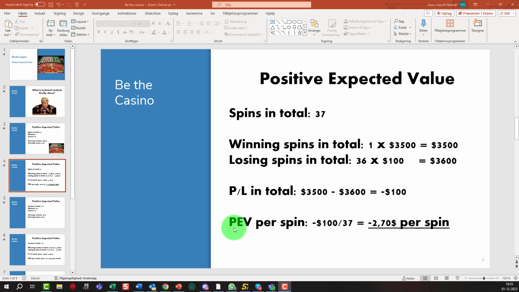That means that your expected value per spin is the minus $100 divided by 37 spins. That means that in theory, every time you're placing a $100 bill on the table, you're losing $2.70 per spin.